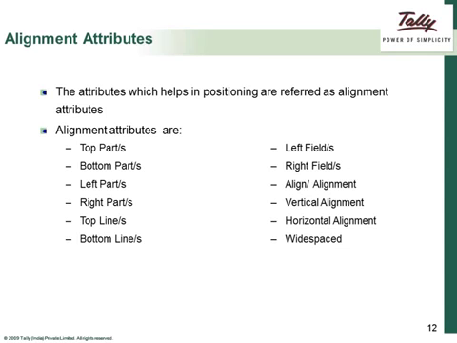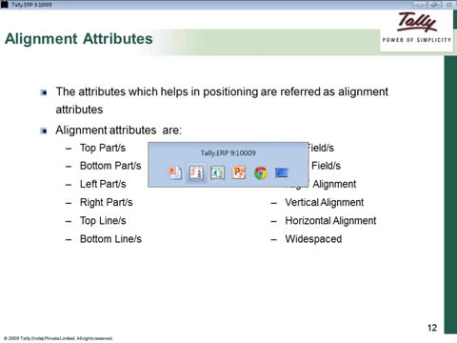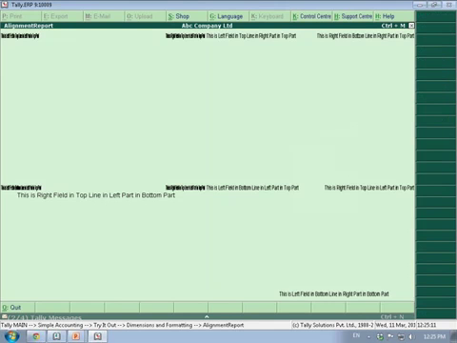So by default, if you notice, the form starts from the vertical center and horizontal center. You can place it accordingly, and white space will be used at the field level, where you can see the text will be spaced up. So this is the top part. This is the right field in the top line, in the left part, in the bottom part.